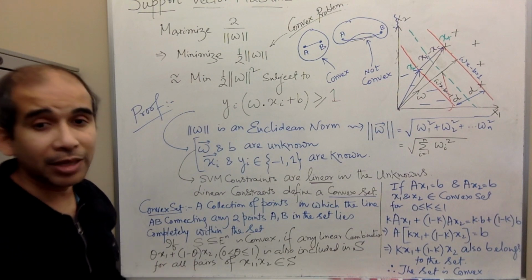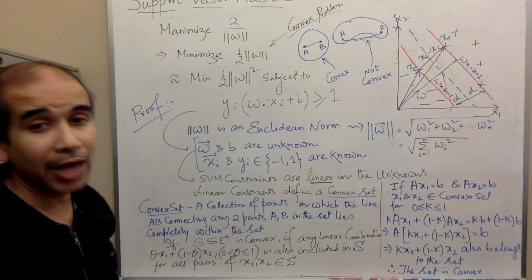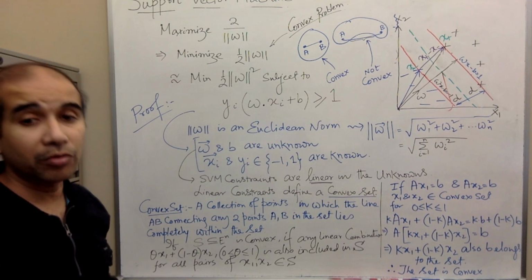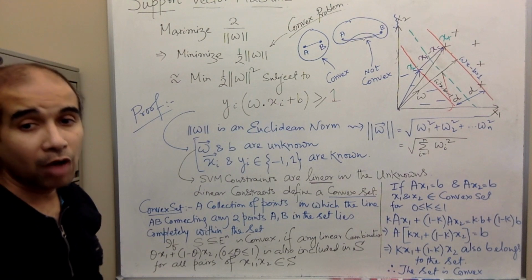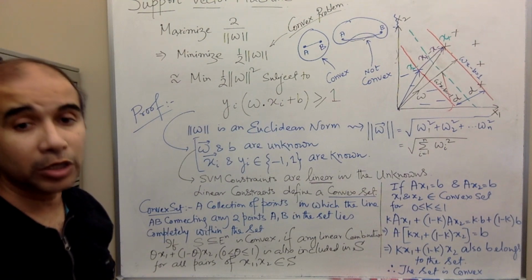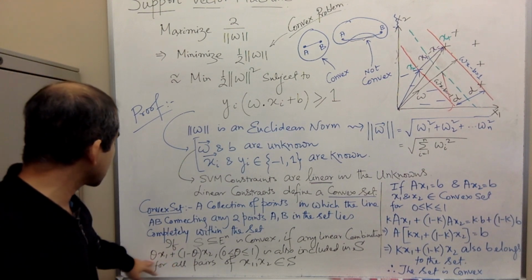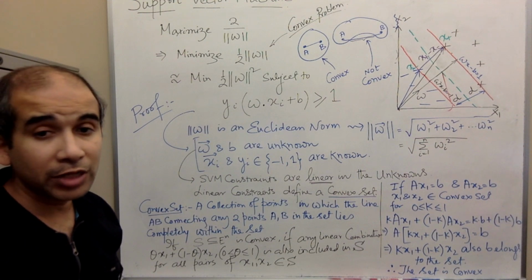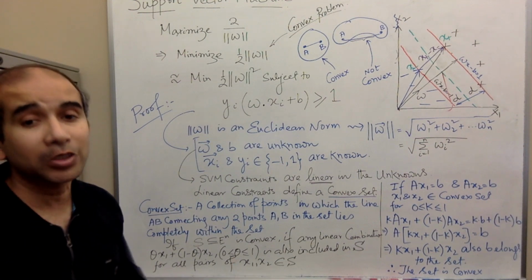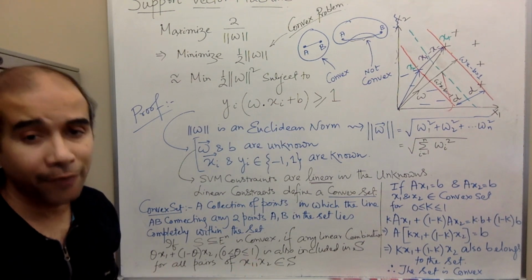Another mathematical example: if there is a set S, which is a subset of R to the power n, it is convex if any linear combination of points is also included in S for all pairs x1, x2. This linear combination is theta times x1 plus 1 minus theta times x2. Here theta lies between 0 and 1, so theta can be 0, can be 1, or any fraction.